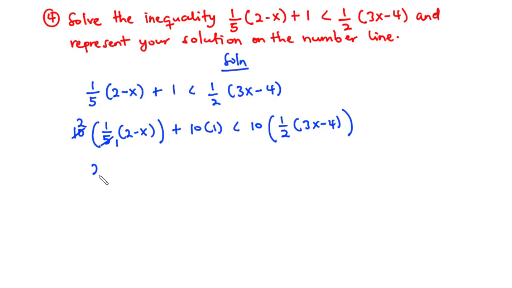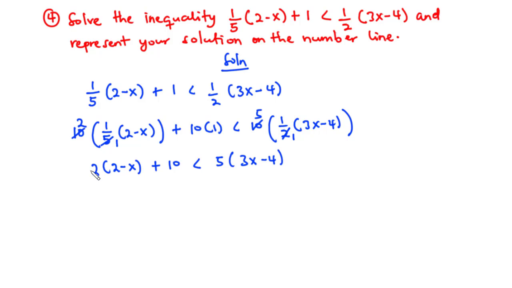So we have 2 times 2 minus x plus 10 times 1 is 10 is less than 2 goes here once, and then here 5 times. So we have 5 times 3x minus 4.